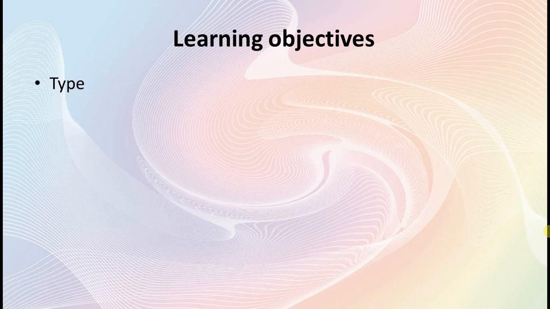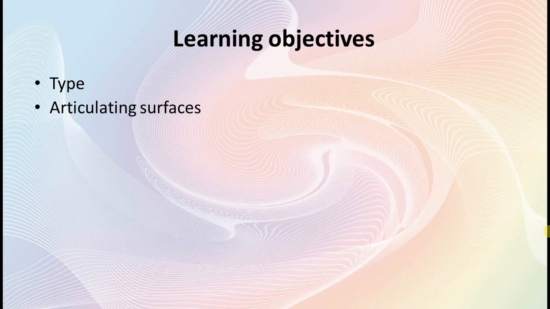Mainly, as with any joint, we will start with what type of joint it is and which bony articulating surfaces take part in the formation of the joint.